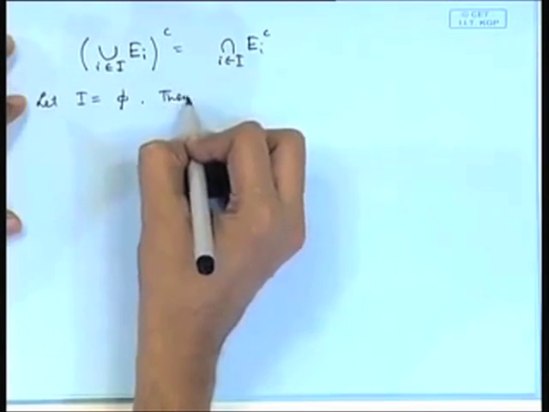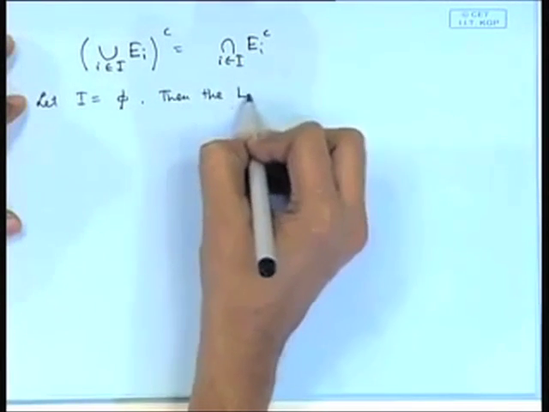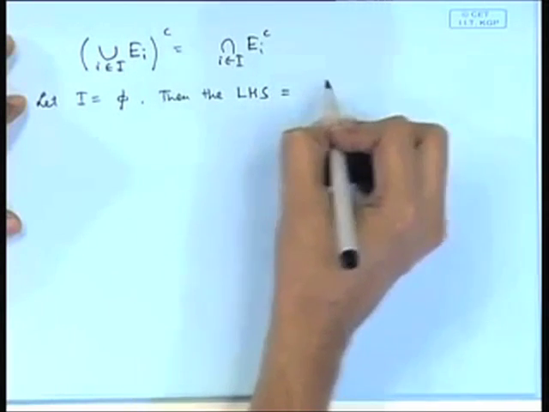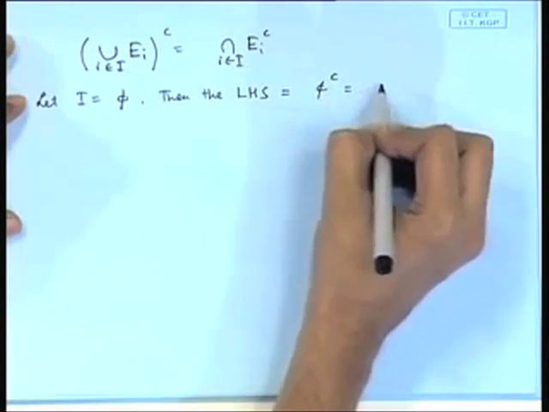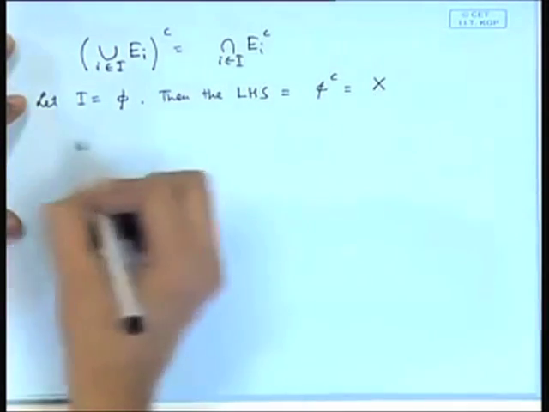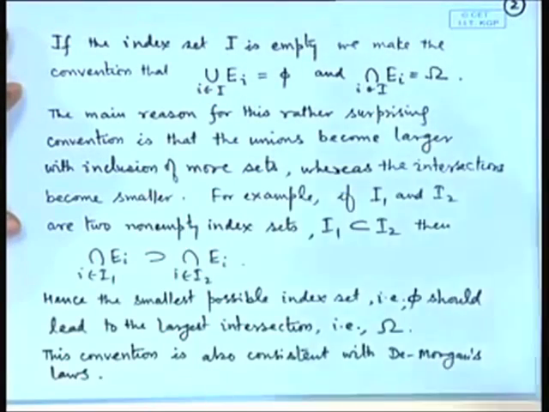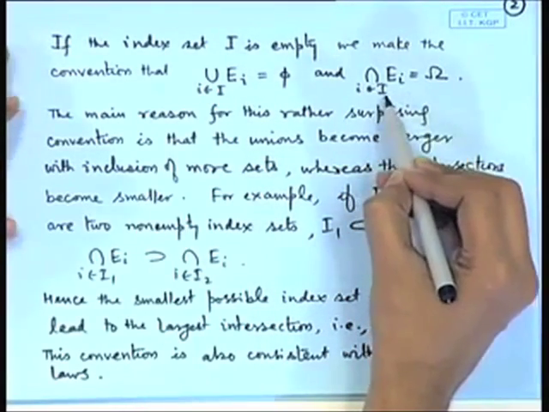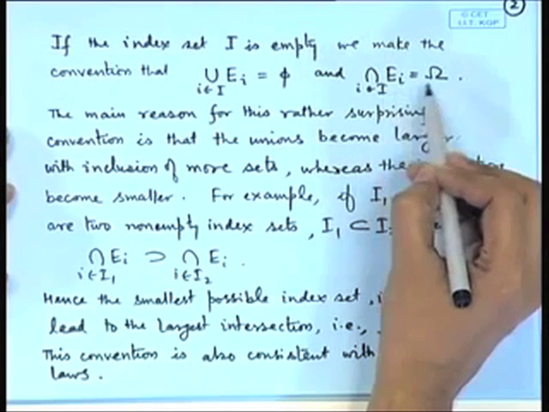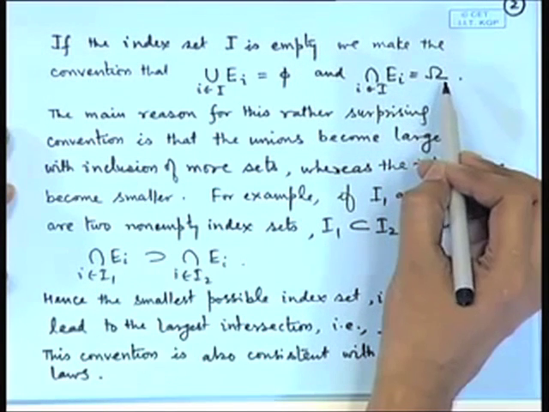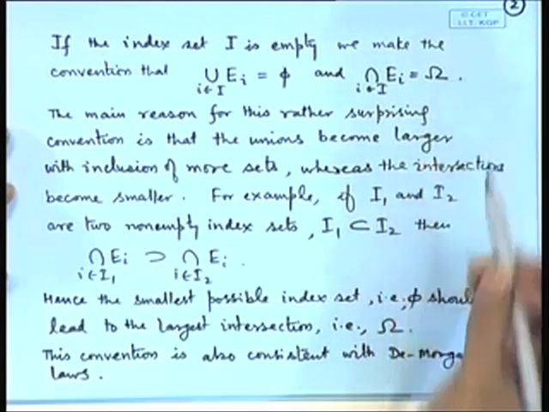Then the left hand side is equal to phi complement, which is equal to the whole space. This indicates that we should take the intersection of E_i, when I is an empty index set, to be equal to the full space omega.